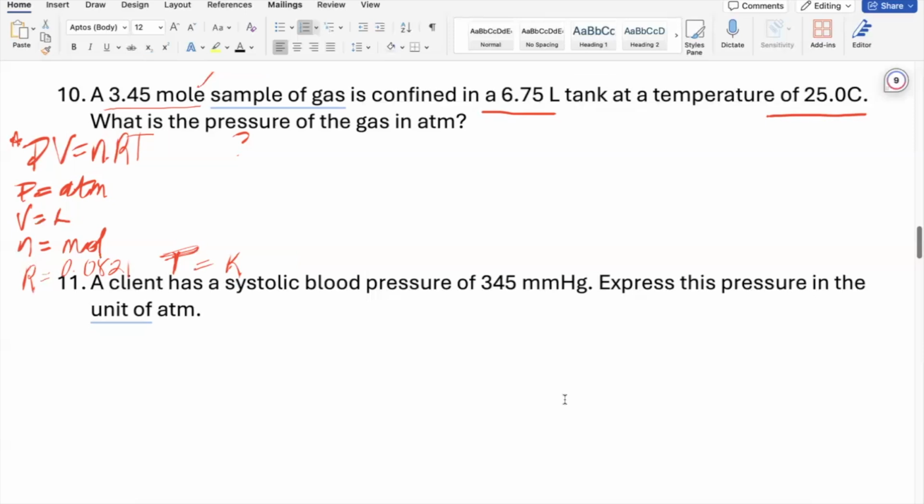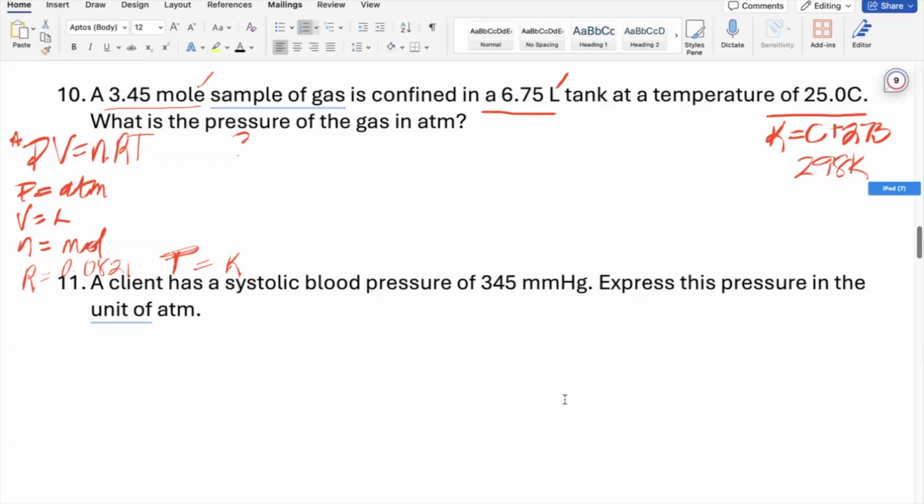But you're given the temperature in Celsius, and you have to go to Kelvin. To get to Kelvin, it's Celsius plus 273, and that would also be on your formula sheet. So in this case, it would be 298 Kelvin.